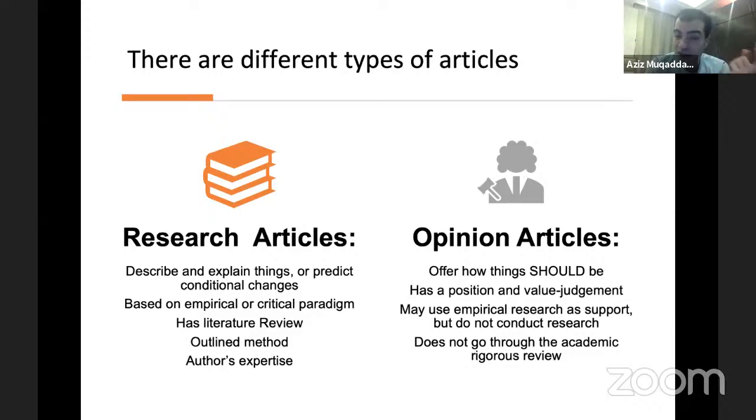That's one major difference related to the empirical paradigm: research articles are data driven. A research article would also have a literature review, and I'm going to explain that in a few slides. It has a method section, outlining how it collected the data, how it analyzed the data, and the rationale for choosing that specific approach.